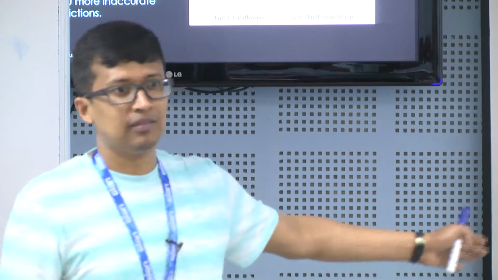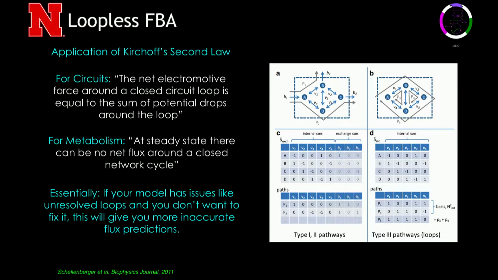If you suspect that, as a checking measure, I would like to make some predictions, but I would like to make some predictions by making sure that there is no flux through these loops. Then and only then this could be useful. Again, this will not refine the model for you, this will just make sure that there is no flux through those cycles. Does it make sense?